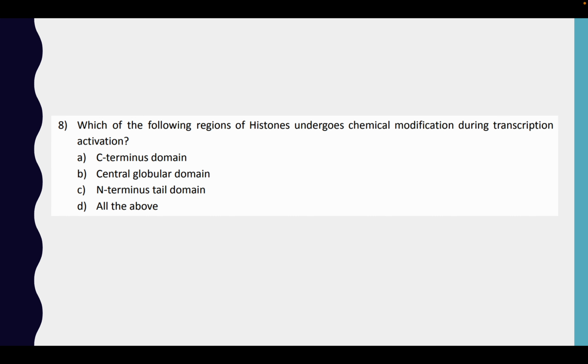Region of histone that undergoes chemical modification during transcriptional activation. Histone modifications like acetylation and methylation primarily occur at which of the following positions? C terminal domain, central globular domain, N terminus tail domain, or all of the above.